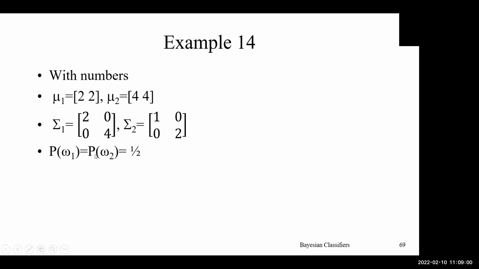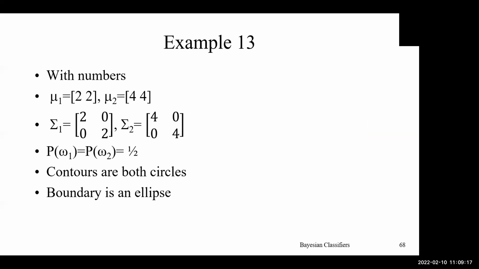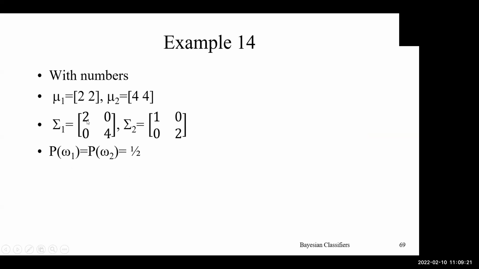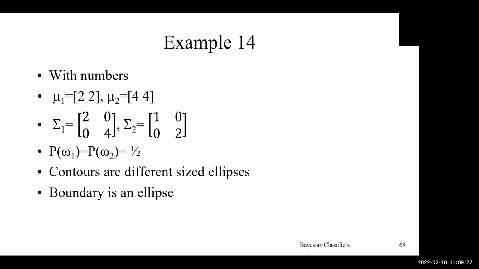Now here, they're not equal to each other, so we know we're going to have a quadratic decision boundary, but also what shape are our individual contours going to be? Ellipses. No longer circles. Circles when the standard deviations are equal to each other. Ellipses when they're not. And it's going to be an up and down, left and right ellipse. It's not going to be tilted. But they're going to have different size ellipses.